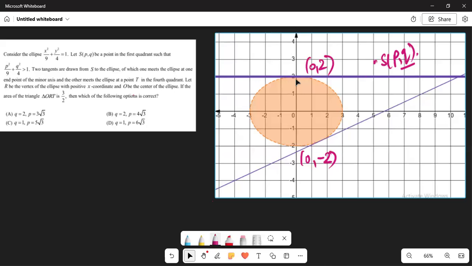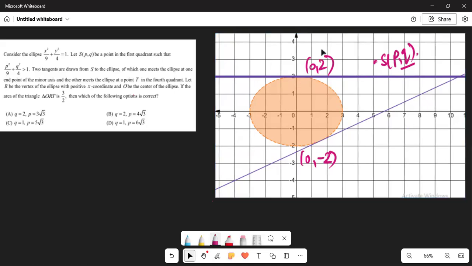When you approach (0, 2) on the ellipse, you see that the ellipse is becoming very flat. So that means the tangent line at that point is nothing but the horizontal line itself.